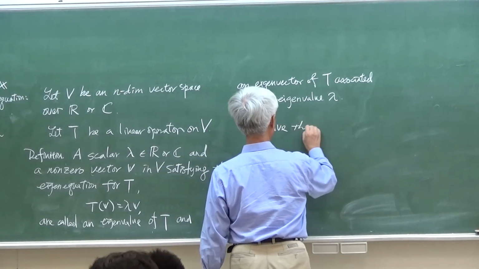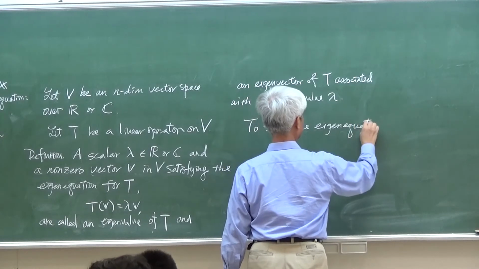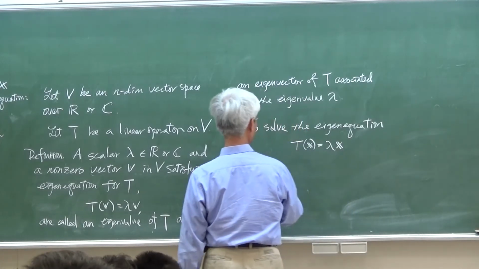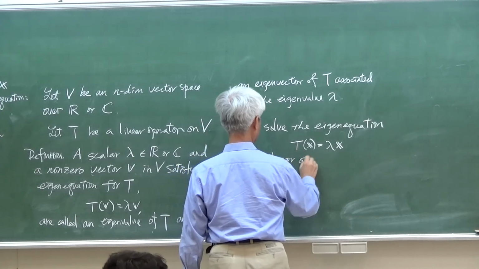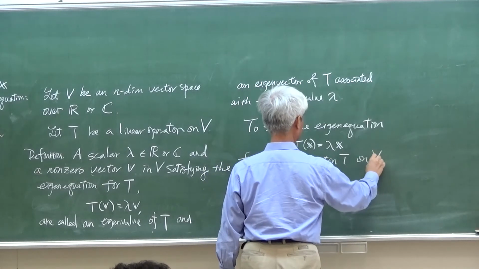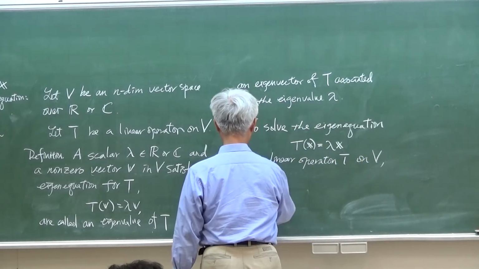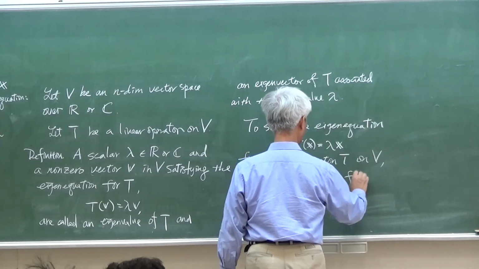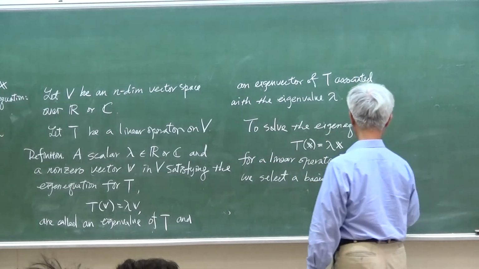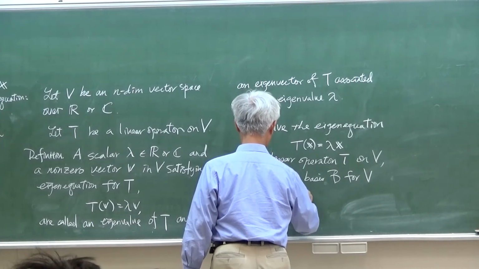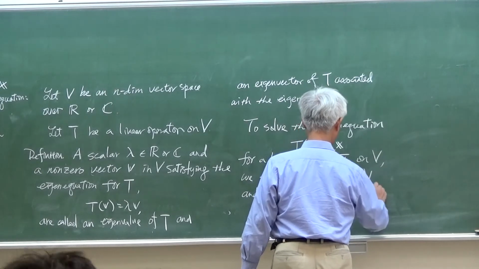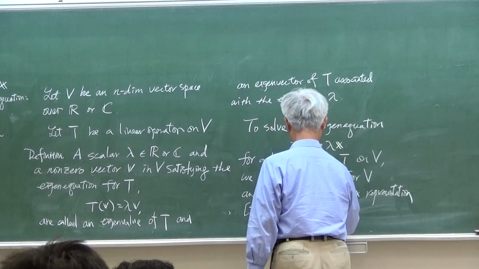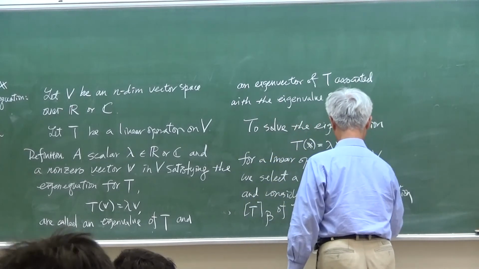So to solve the eigenequation Tx = λx, for a linear operator T on V, we select a basis for V and consider the matrix representation of T relative to that basis.